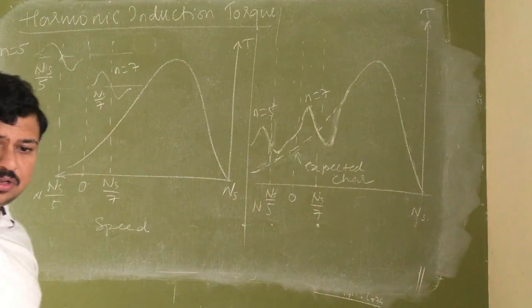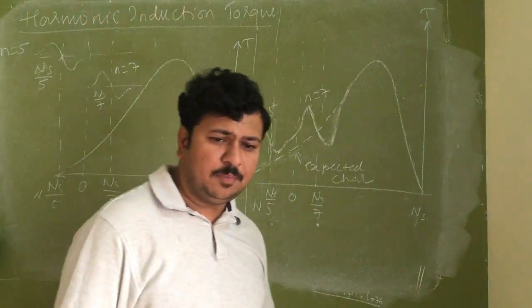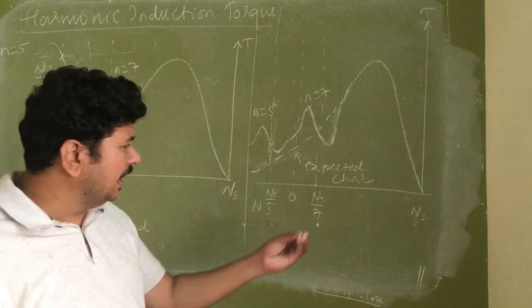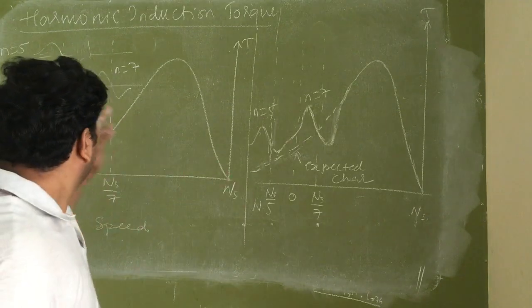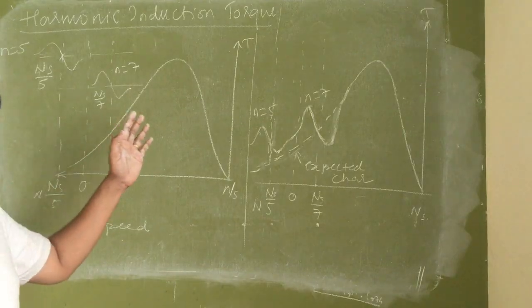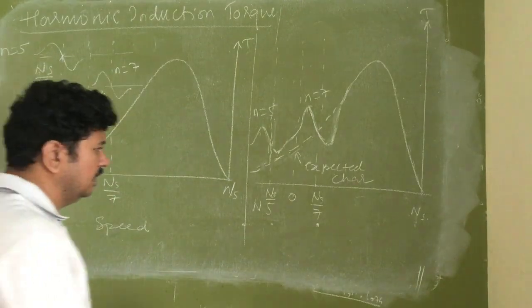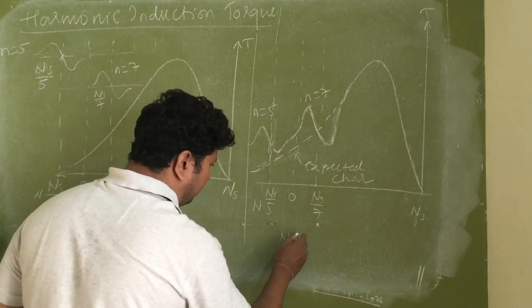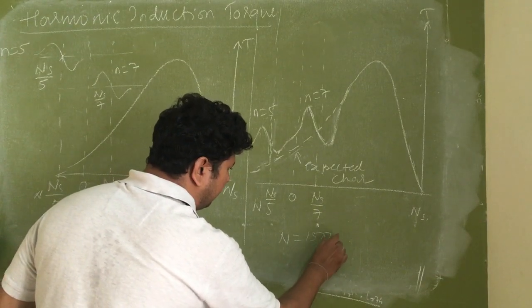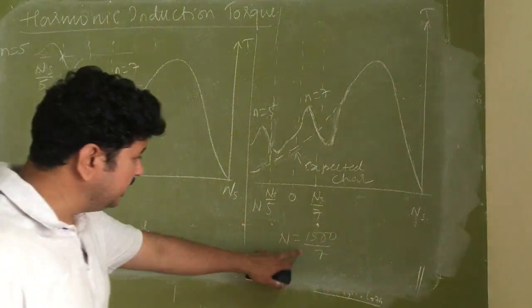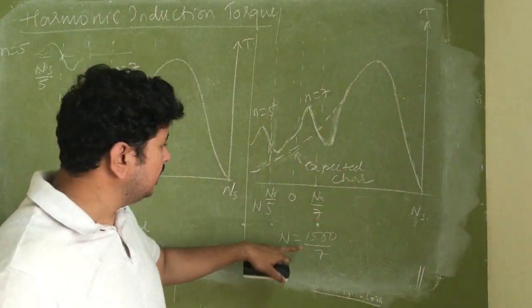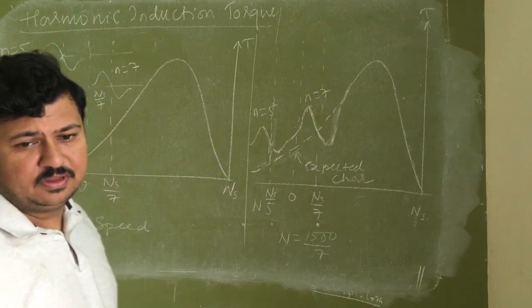The speed of the motor will drop down to a speed slightly less than Ns by 7. Now if P equal to 4 and F equal to 50 Hz, then the speed at which the rotor will rotate is 1500 divided by 7.